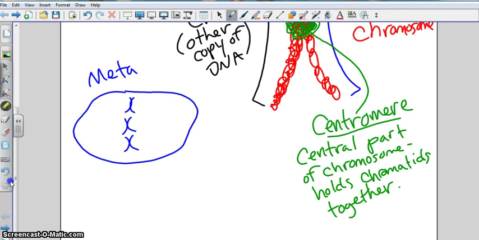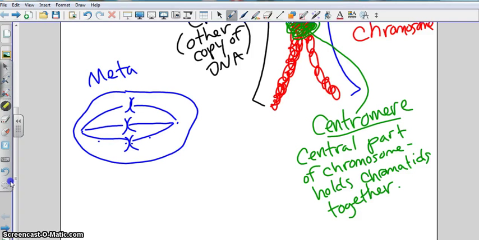So, what's this thing coming out and grabbing these? Spindle. This spindle fiber right here is attaching to this sister chromatid on the left. This one is attached to the one on the right, and they're going to pull them apart.